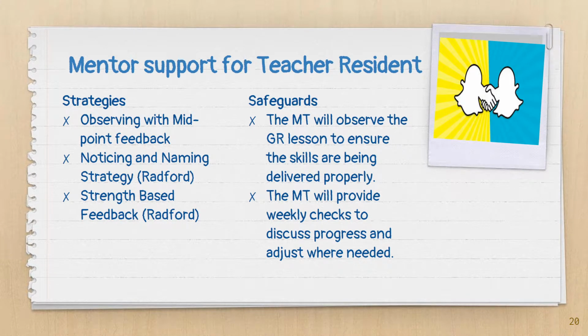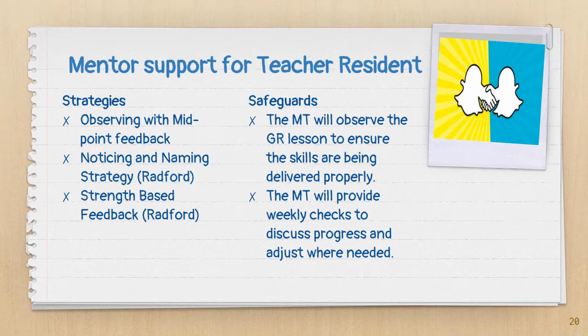So how am I going to help support the teacher resident? Well, some of the strategies that we've been learning about and reading about in the Mentoring in Action book by Radford are really great. One of the things that we saw in the video last week where there was a coach and a coachee was observing the midpoint feedback, where you are checking in during the middle of the observation, not 2 or 3 or 4 days later, but right then, and saying what's working, what could we adjust.